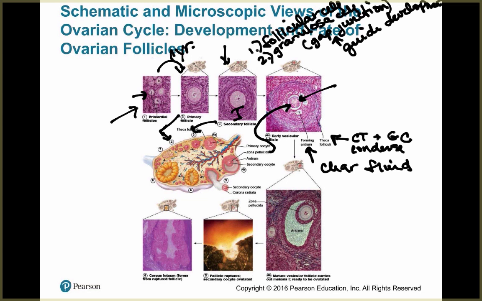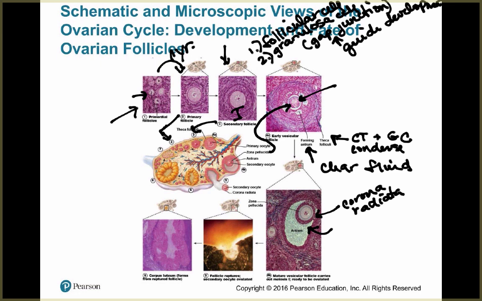And so the antrum is going to continue to expand with fluid, basically isolating the ovum. And you can see that here in 4B. Now, on one side of the ovum, you have what's called a corona radiata. And basically, this kind of sits on the stalk and one side of the follicle.